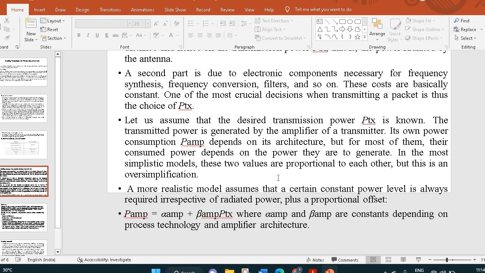A more realistic model assumes that a certain constant power level is always required irrespective of radiated power, plus a proportional offset: P_amp = alpha_amp + beta_amp * PTX, where alpha_amp and beta_amp are constants depending on process technology and amplifier architecture.